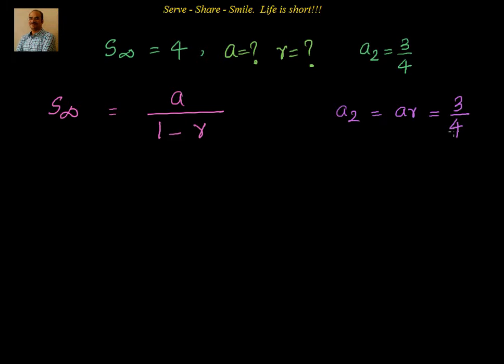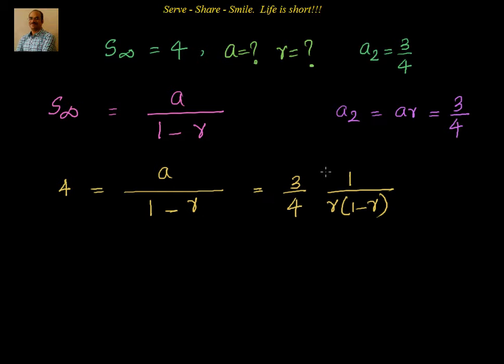Now we know AR equal to 3 by 4 and S infinity equal to A by 1 minus R. So let's put down the values. 4 equal to A divided by 1 minus R. A is nothing but 3 by 4 into 1 by R. So 4 equal to 3 by 4 into 1 divided by R into 1 minus R. What we did here is, instead of A, we substituted the value 3 by 4R, because A equals 3 by 4R from here.